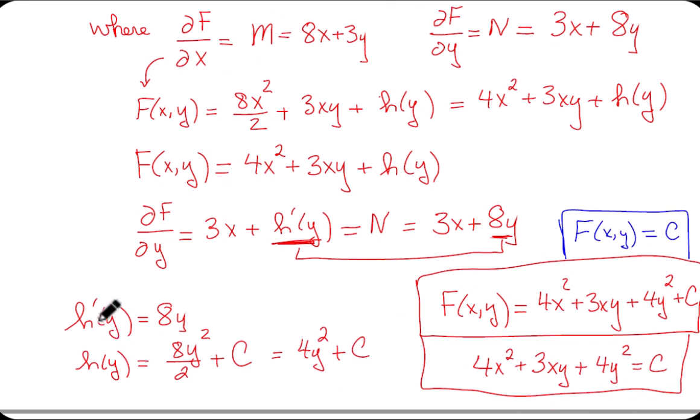And so if h prime is 8y, then if I integrate with respect to y, I get 4y squared plus c. So now, here was my look at capital F. So plug in what I just found out about h of y, and so I get my relationship for F of x and y. Or you could write it in this particular format.